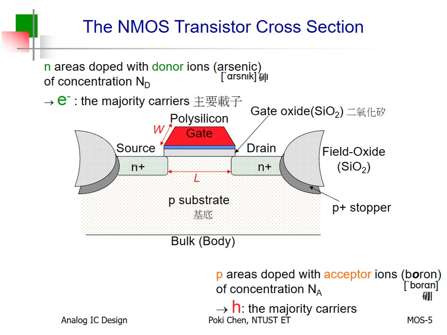Never mind, again, for MOS, the majority carrier actually is electron from the source. Okay? You can deploy a lot of majority carriers from source to drain, depending on how much voltage you apply to your gate. And again, this is polysilicon, right?